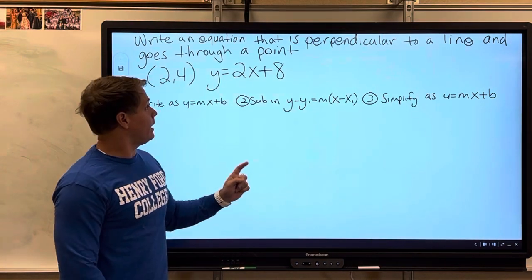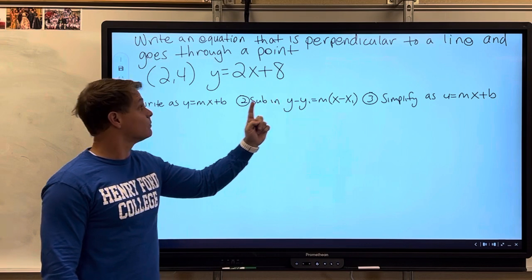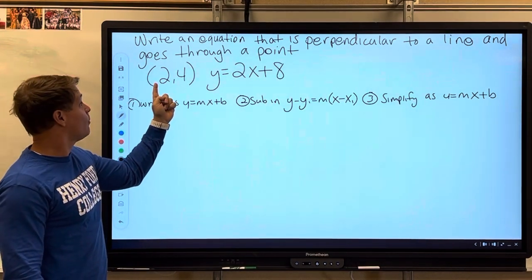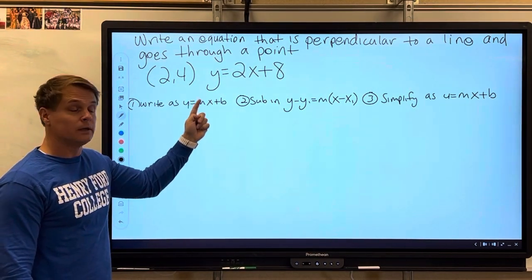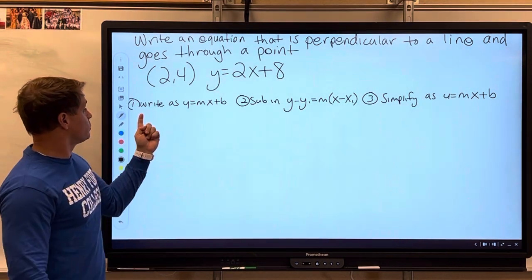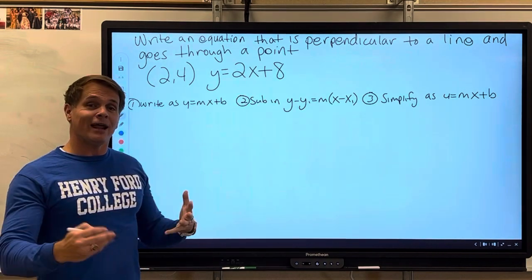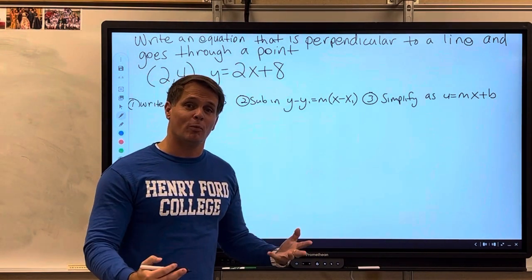We want to write an equation that's perpendicular to this equation, but it has to go through the point (2, 4). So step number 1 is we want to make sure that it's written in y = mx + b form, and it is. That helps me to identify what the slope is.